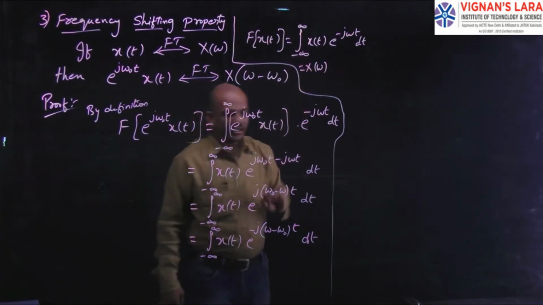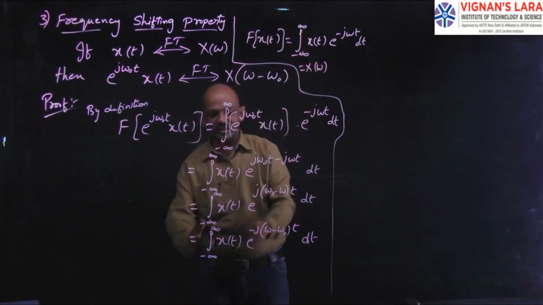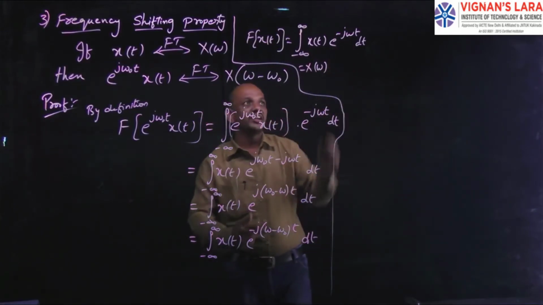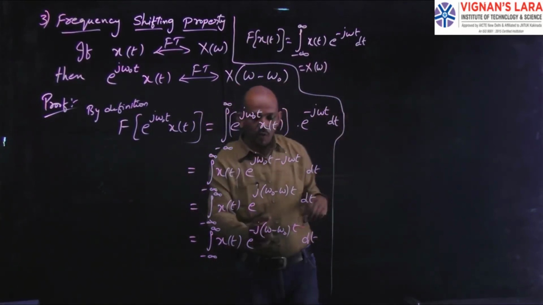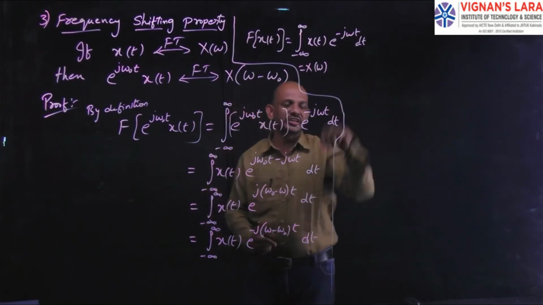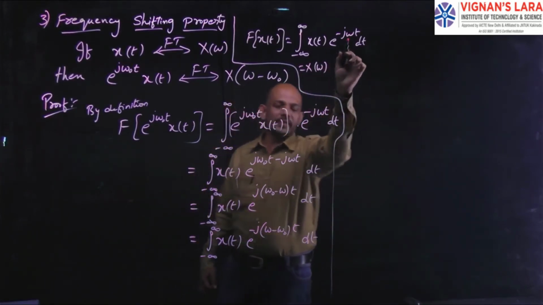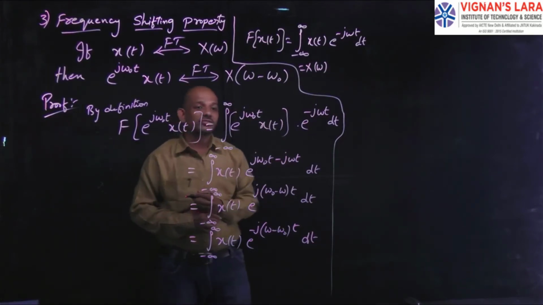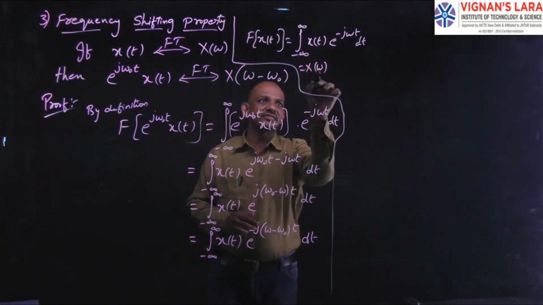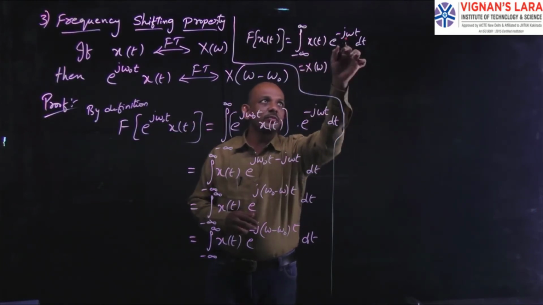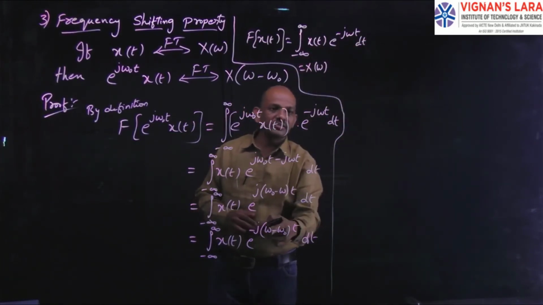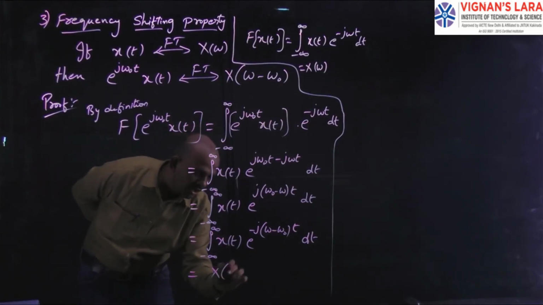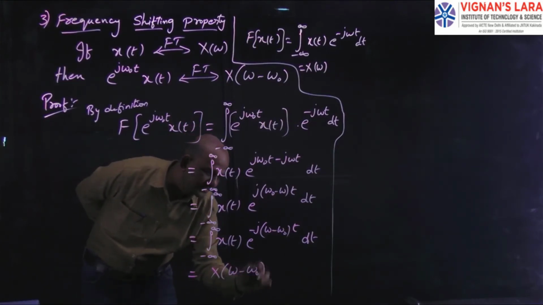Now see, integral minus infinity to infinity x of t e power minus j, in place of omega I have omega minus omega naught, and then t dt, same. That is, here the omega is replaced with omega minus omega naught. So in this equation the omega is replaced with omega minus omega naught, and the answer will be equal to X of omega minus omega naught.